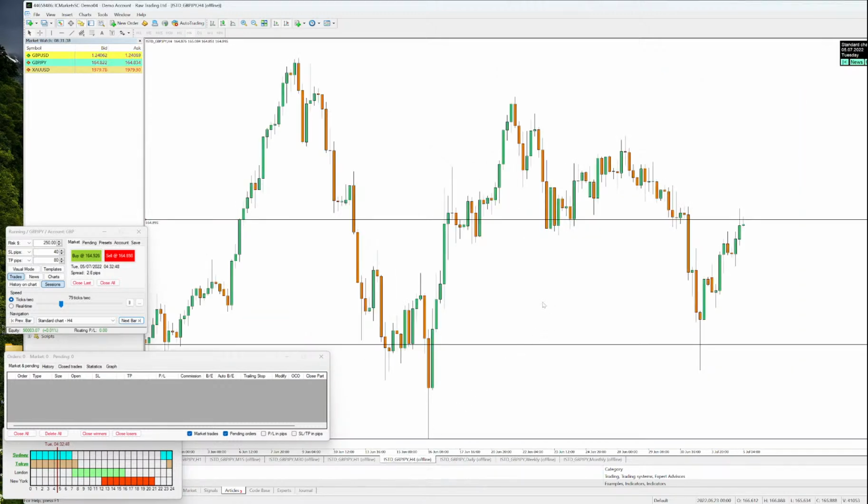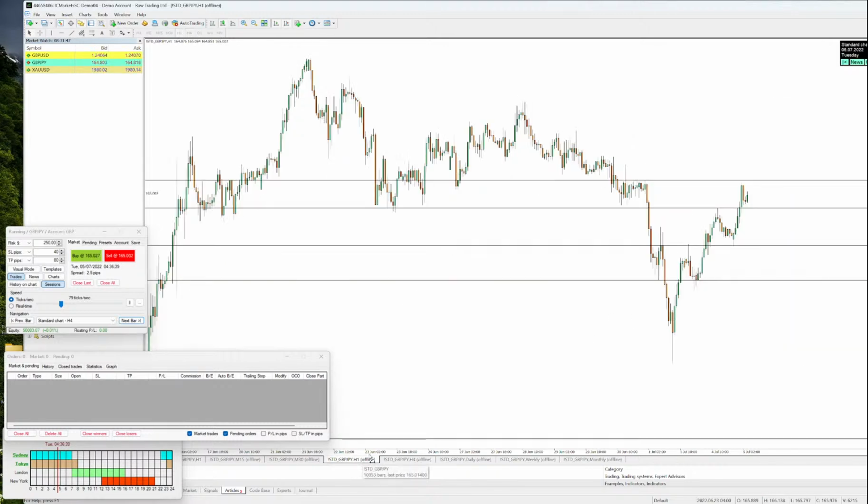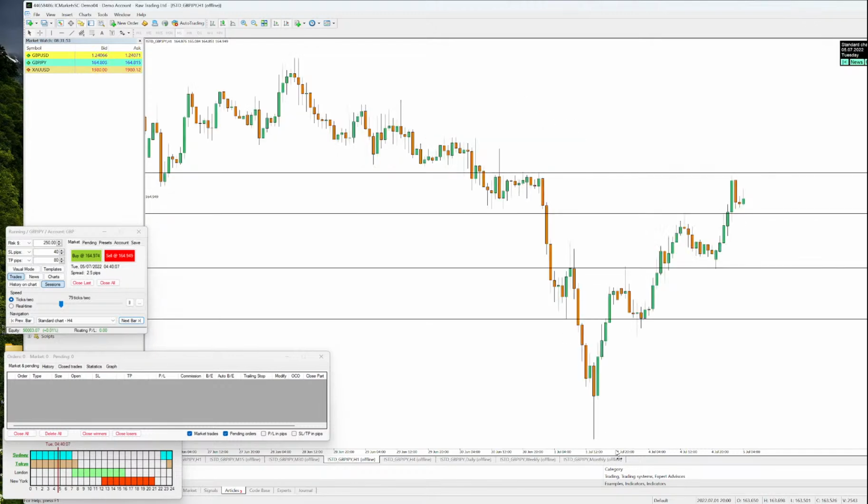Let's see if we get a closure above here, but if we do, to trade above here is so messy. Yeah, it's gonna be so difficult. So let's see, we cleaned this zone that we initially discussed.